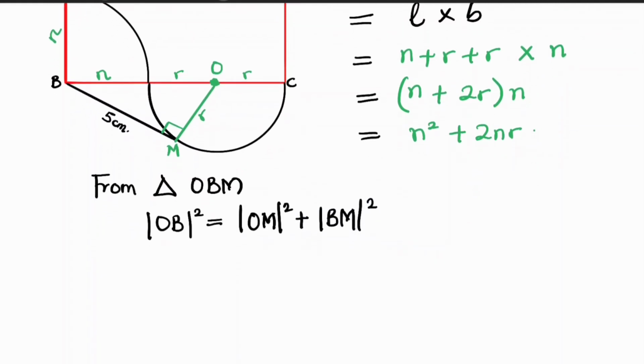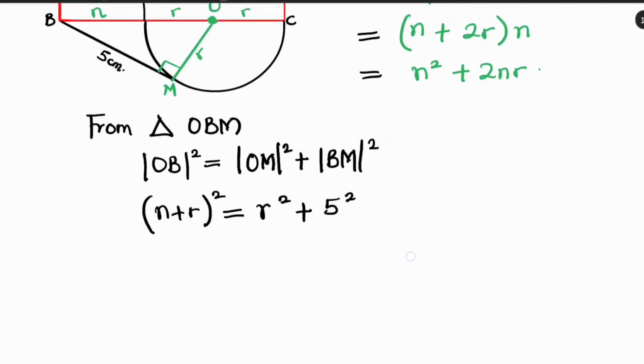So our OB is N plus R, which is N plus R all squared, is equal to OM, which is R. That will now be R squared plus our BM, which is 5 squared.